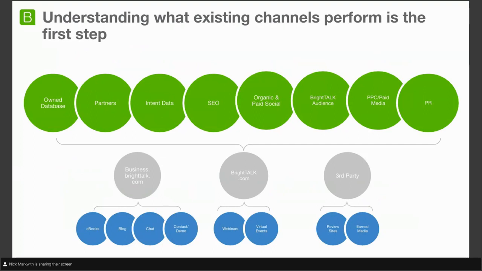Organic, paid social, our own audience. BrightTALK has the benefit of having 10 million users to whom we can promote our content, as well as PPC, media, and PR. What you see below is where our domains land and where some of our content will land. So we have more of a business site in addition to our website, our portal with all of the great content, and also third party.